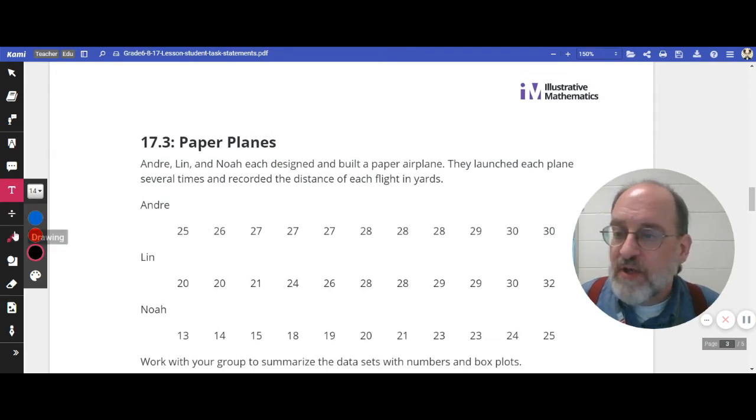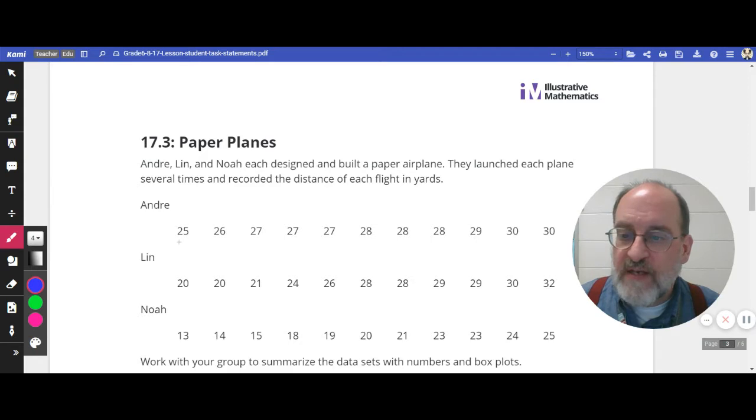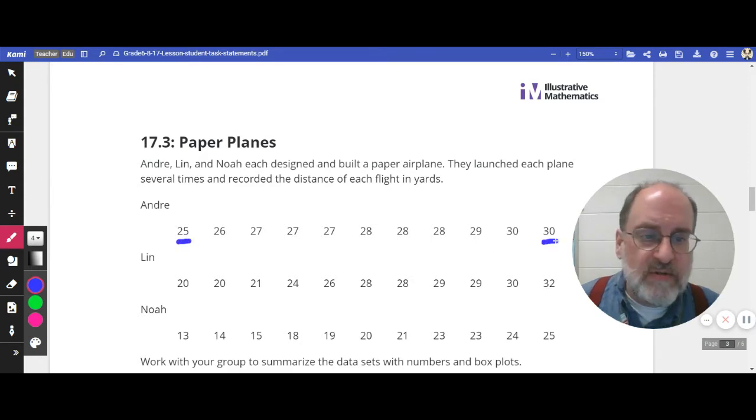Okay, so let's go through the usual step here of finding medians. So we're trying to find numbers in the middle. Oh, there's one number in the middle, 28.